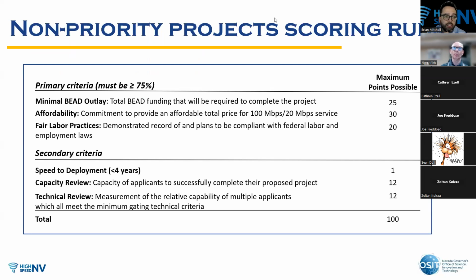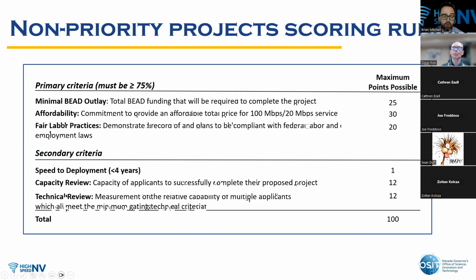So if you're an applicant that commits to the affordability standard and has no past labor law violations, then you have half of the points right there. If your costs are reasonable and in line with what other providers would charge in terms of the amount of BEAD subsidy needed, then you're in line with most of your competitors in the primary criteria, which is 75% of the scoring.